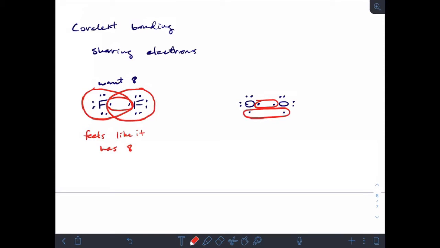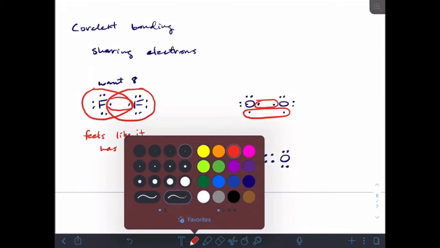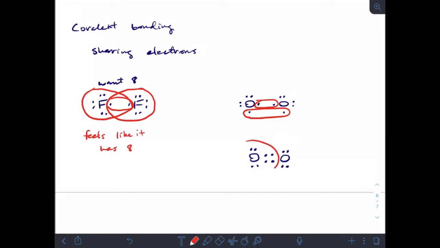If I draw this in a slightly different way, I move those electrons right between the 2 oxygens. Both oxygens feel like they have access to 8 electrons.